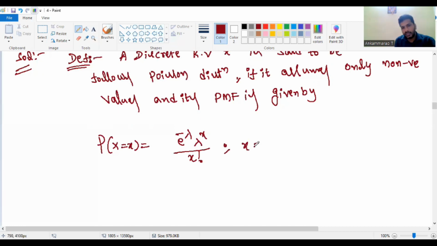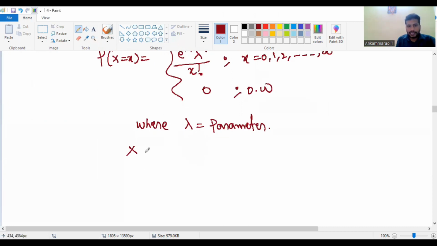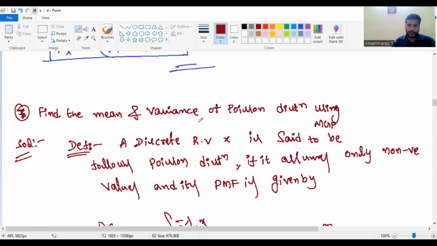Here the x values are 0, 1, 2 and so on to infinity, 0 otherwise, where lambda is a parameter. The distribution is denoted like this: X follows Poisson distribution with parameter lambda.